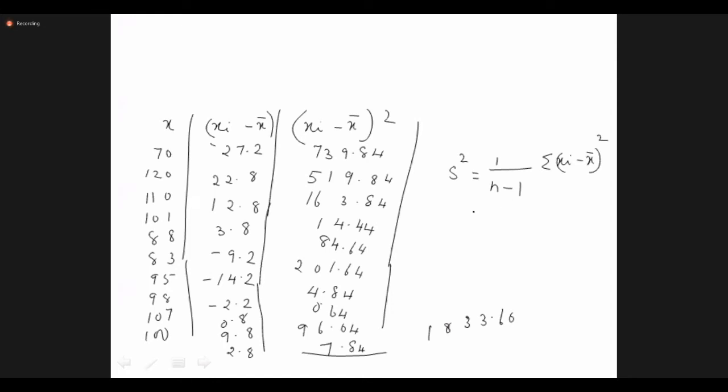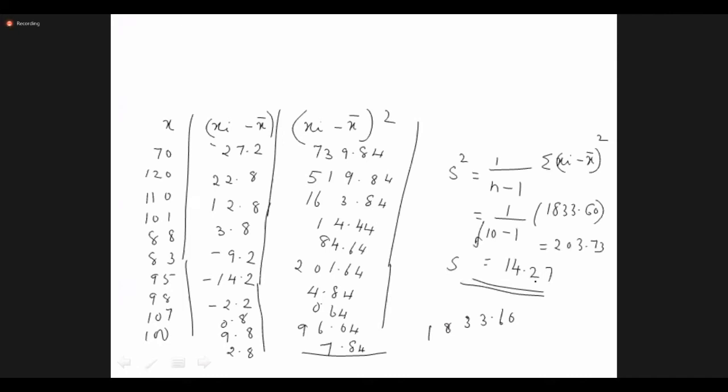Our data has 10 observations, so 1 by 10 minus 1 into 1833.60 gives approximately 203.73. S will be the square root of it, which is 14.27. Now you can do the problem without any difficulty.